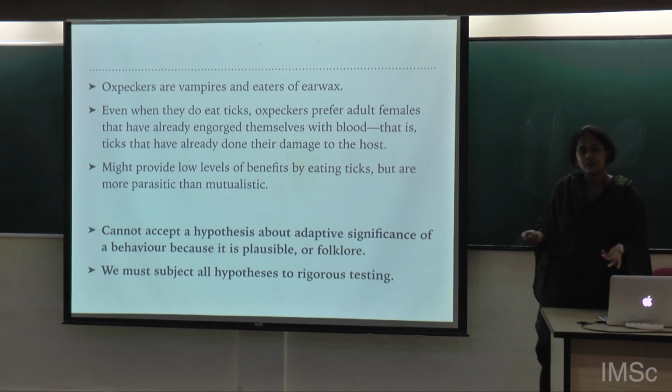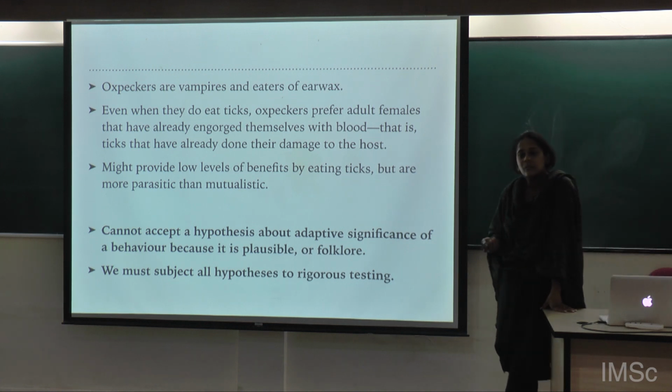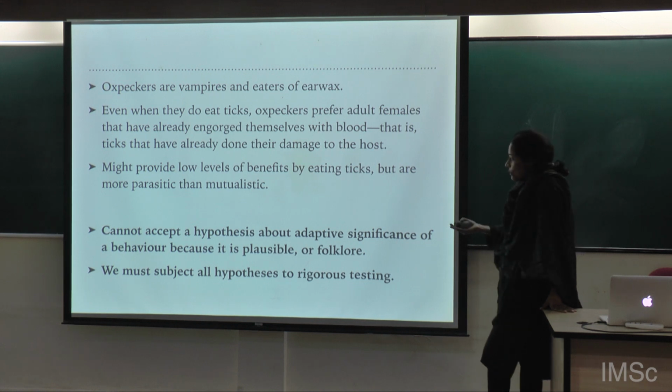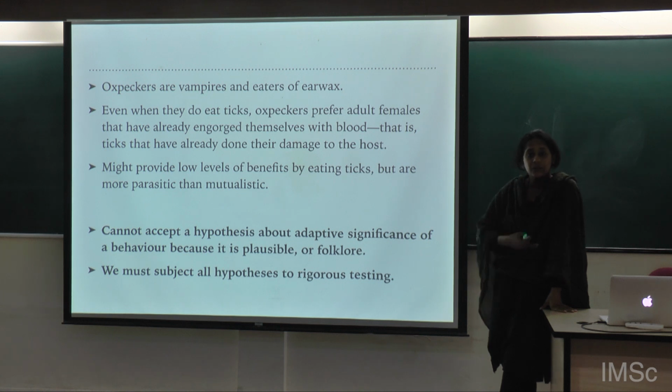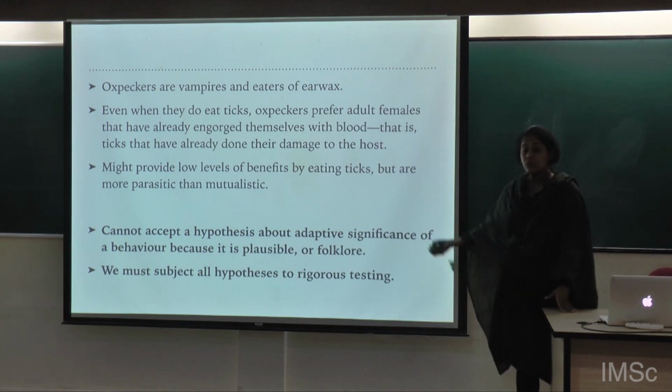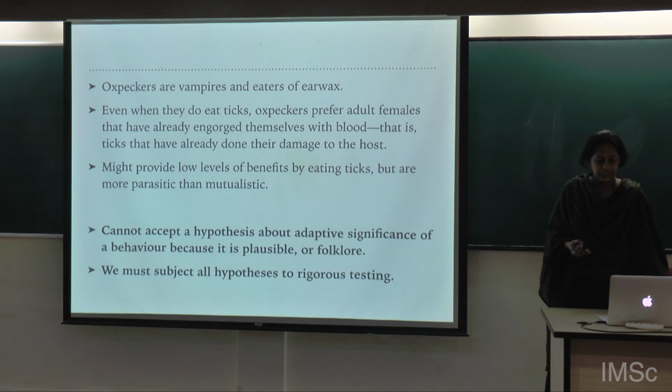So basically, when you see a behavior or a trait, you can't accept a folklore or a myth about its adaptive significance just because it's something you've heard. School textbooks should not use these examples without citing scientific studies. And we should subject our hypotheses to testing, right?